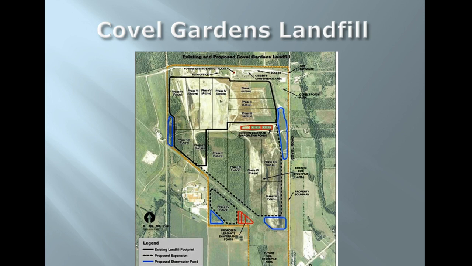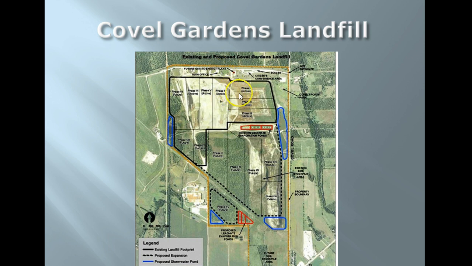This Covel Gardens landfill is about 40 miles away. Well, it's a 40-minute bus ride from Clark. So that's pretty far. When I took a group to this landfill on a field trip, we started here and then went up. I'm not exactly sure where we went.